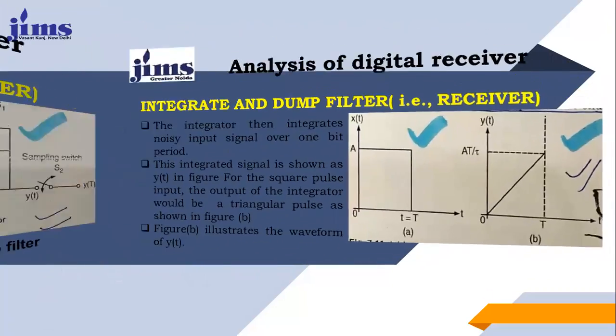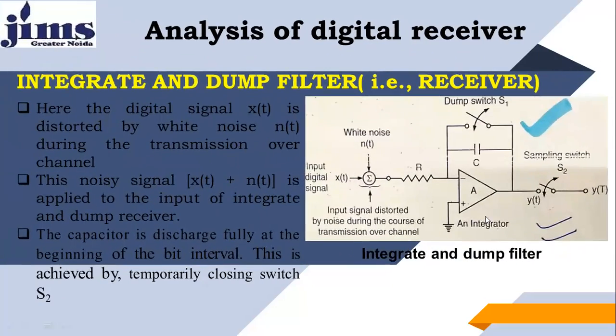Now look at this. This is an integrator, and we all know that if the input of the integrator is a square pulse, the output of the integrator is a triangular pulse, right? This is the basic concept involved in the integrator.